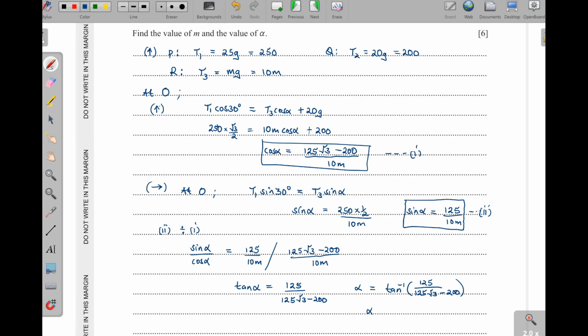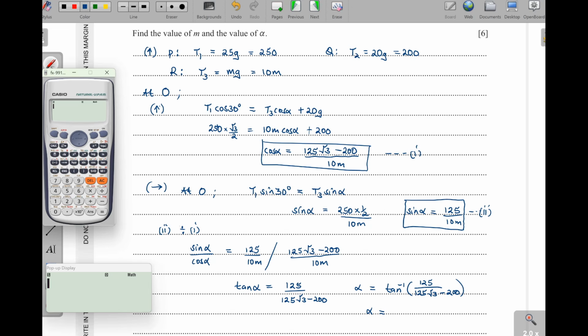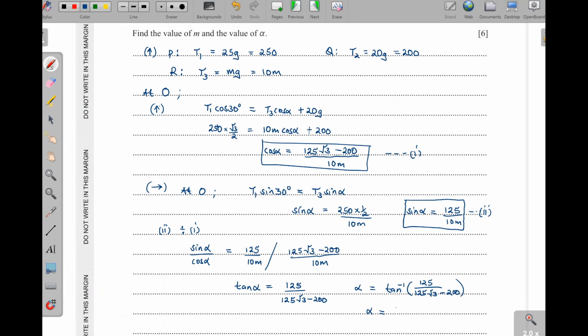So our answer here is going to be arctan of 125 out of 125 root of 3, then minus 200. And then this one will give us 82.5 degrees. That is 1 decimal place.